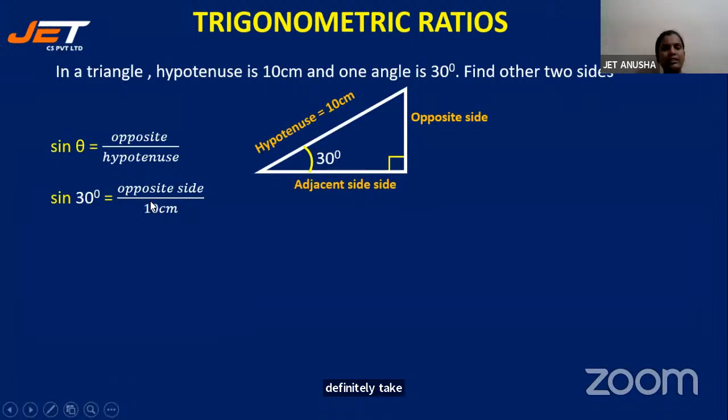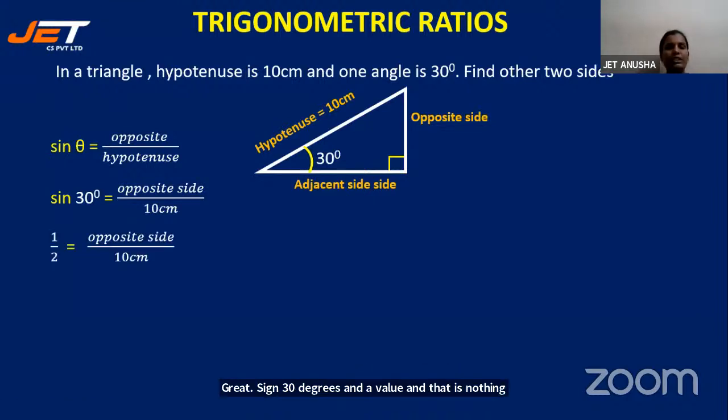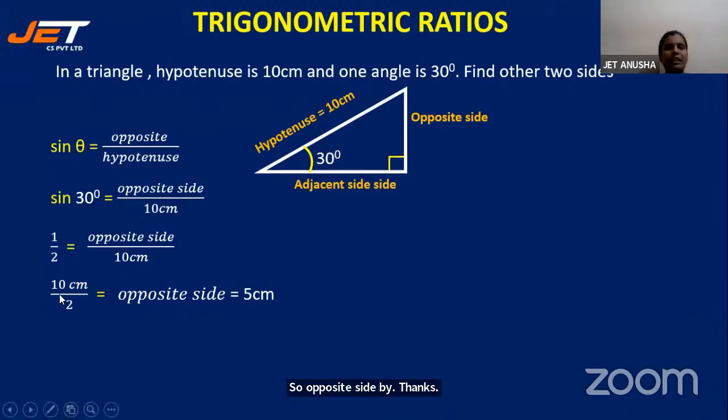So sine 30 degrees is equals to opposite side by hypotenuse. So it is nothing but 10 centimeters. So substitute in this. Right? Sine 30 degrees value is nothing but 1 by 2, isn't it? So opposite side by 10 centimeters, right? Here 10 centimeters is in the denominator.